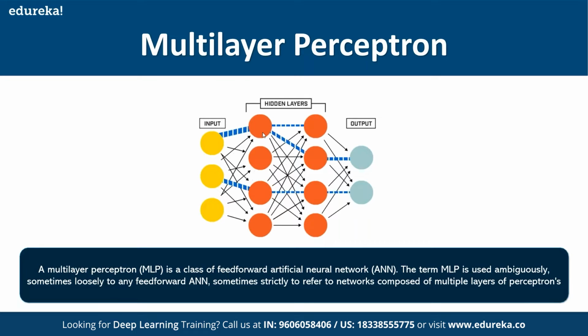So this is an illustration of a multi-layer perceptron. We'll have an input layer and multiple hidden layers, and just like we have seen the summation and the activation, the same thing will be performed in each and every neuron in this multi-layer perceptron.